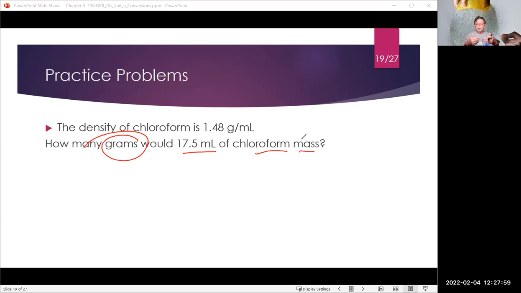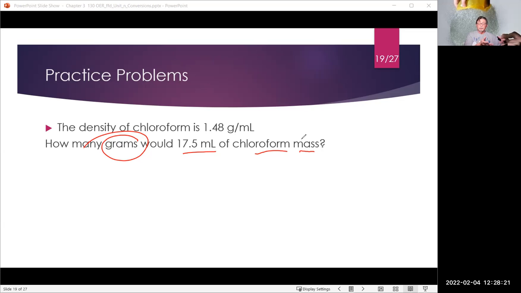Now, we need to know the weight for whatever reason you're going to use in the calculation. And normally when you do calculations of chemical reactions, you need these units in grams. So we need to take that 17.5 milliliters and convert it to grams without having to weigh it.